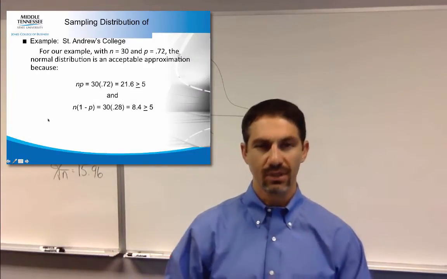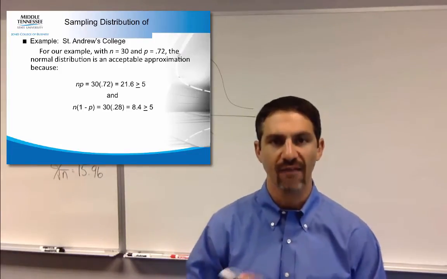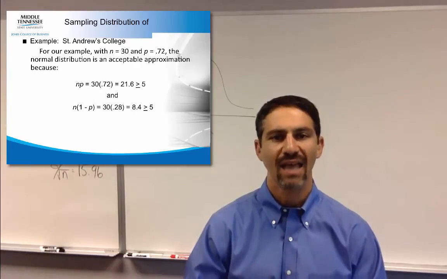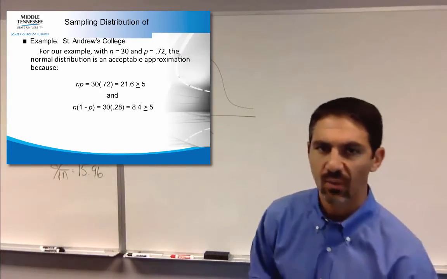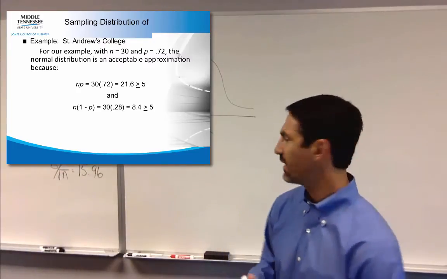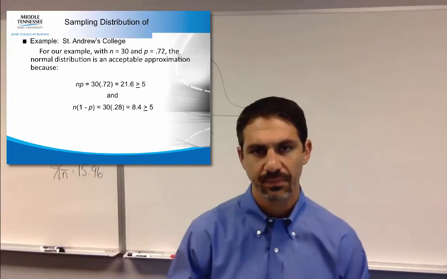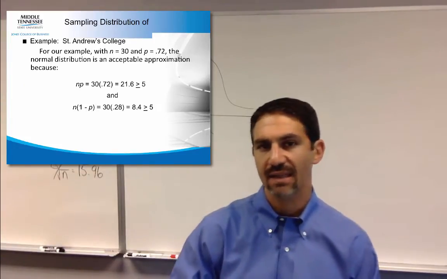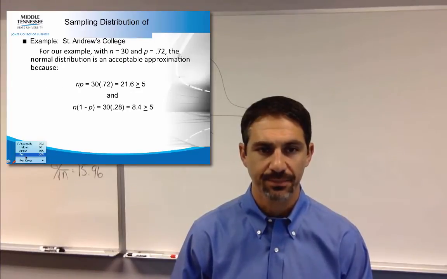So if I were to take a look at that, there's a couple things I have to do. First of all, I have to see if this is a large enough sample to use this with. And so we have a little formula there. So we take the sample size times the proportion, and then we take the sample size times the complement of the proportion. So that's what you see right here.